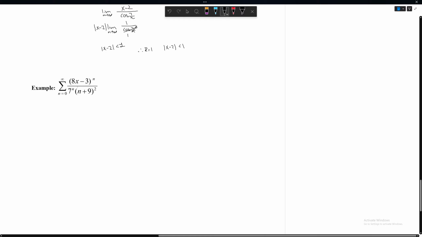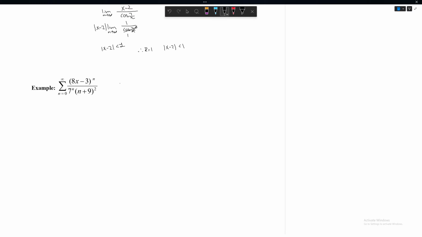Now, doing this, is everything to the n? No. So just do your ratio. That'll be 8x minus 3 to the n plus 1, all over, I'll make this long, all over 7 to the n plus 1, and then n plus 1 plus 9, which is n plus 10, to the 2. Now what do you do here? Obviously, bring this up, bring this down. Here I still have my 7n and n plus 9 to the power 2.